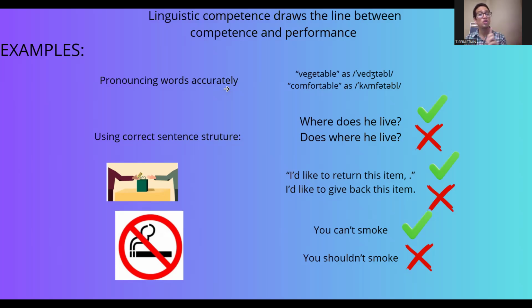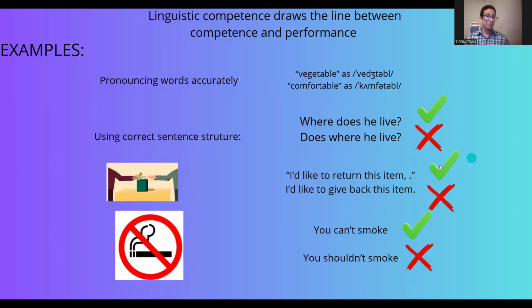You don't say you shouldn't smoke. Shouldn't smoke is more of an advice, while can't is more like a prohibition. Native speakers understand that, and that's how they show linguistic competence. They don't really need to know why can't is put here. They already know that that's how it's used in the first place.